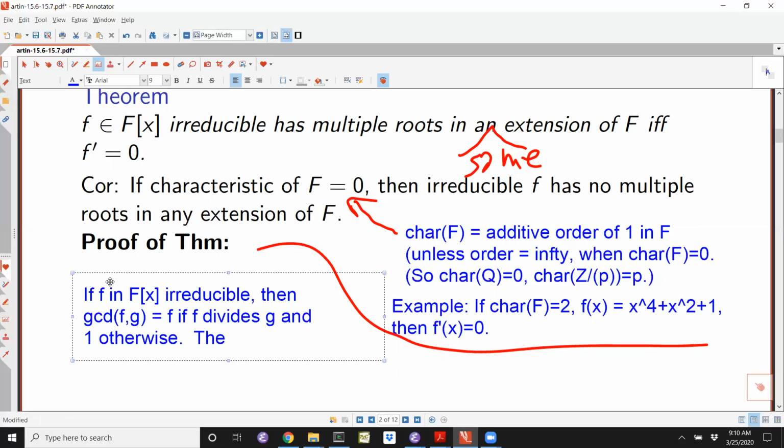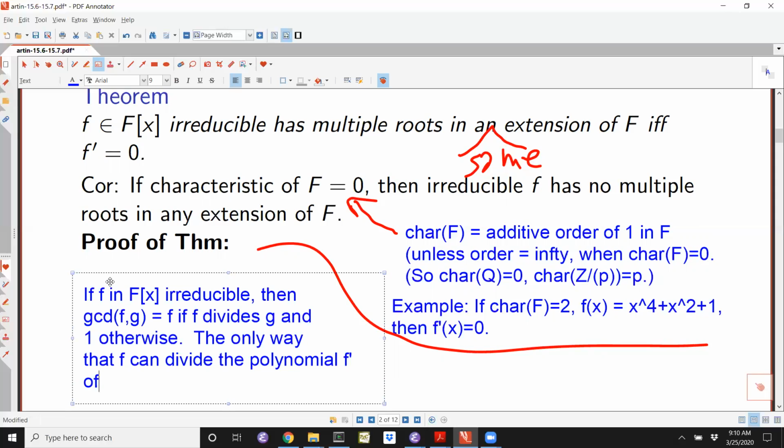The only way that f can divide the polynomial f prime, of strictly lower degree, possibly degree negative infinity, is when f prime equals 0.